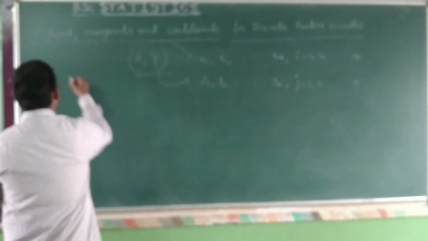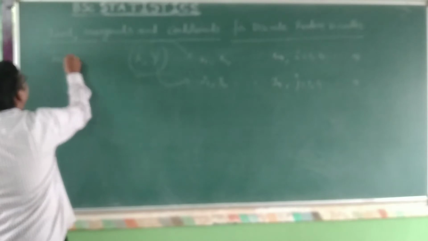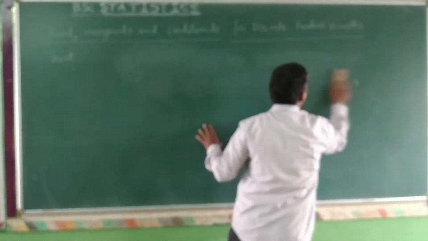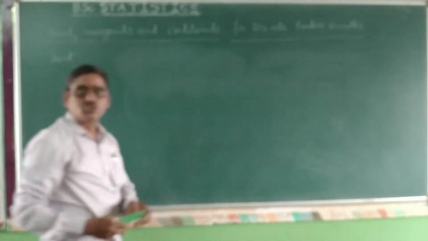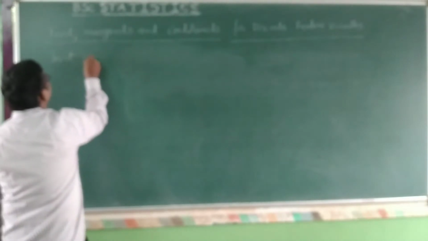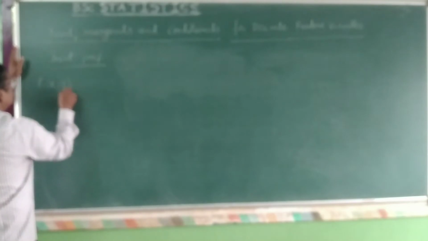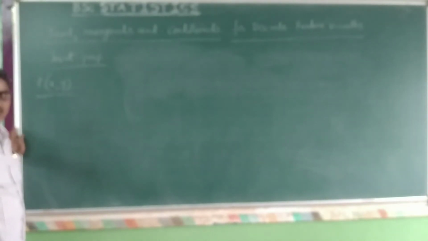First of all, the joint. The joint probability mass function is denoted by probability of x comma y, or we can write probability of xi and yj, p of xi and yj. Or we can also write probability of x is equal to xi and y is equal to yj.